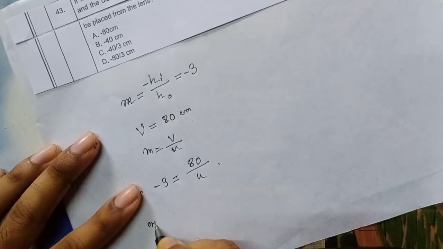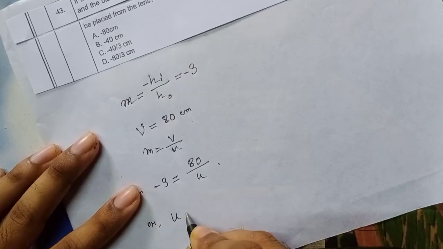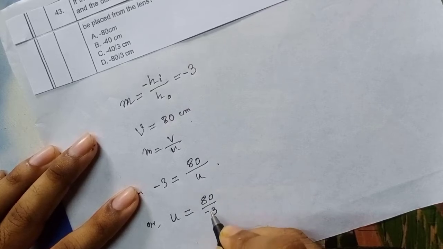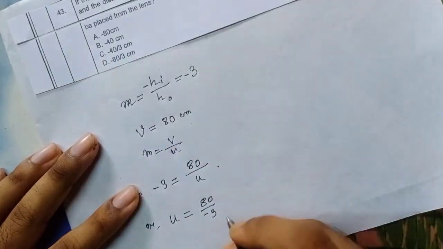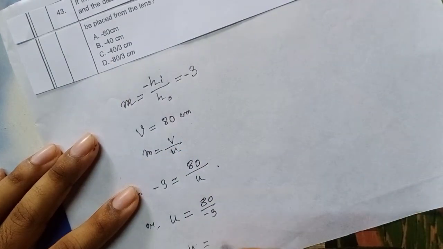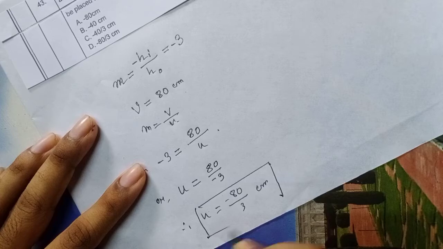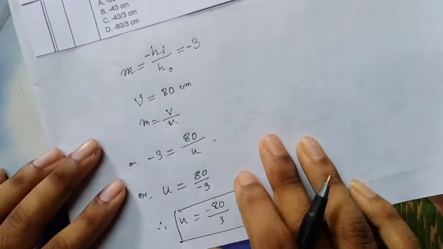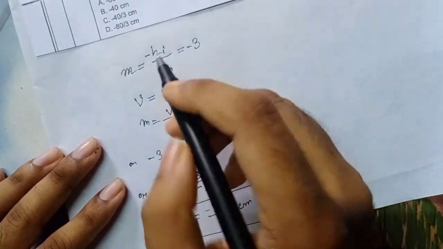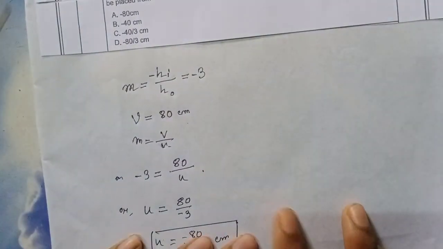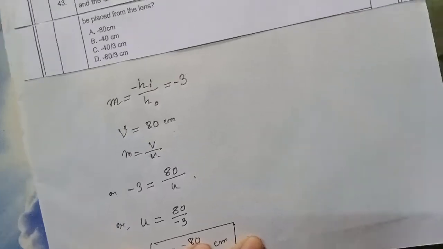Okay, so u equals to 80 by -3, and therefore u equals to -80 by 3 centimeter. Okay, so our correct option must be option D.